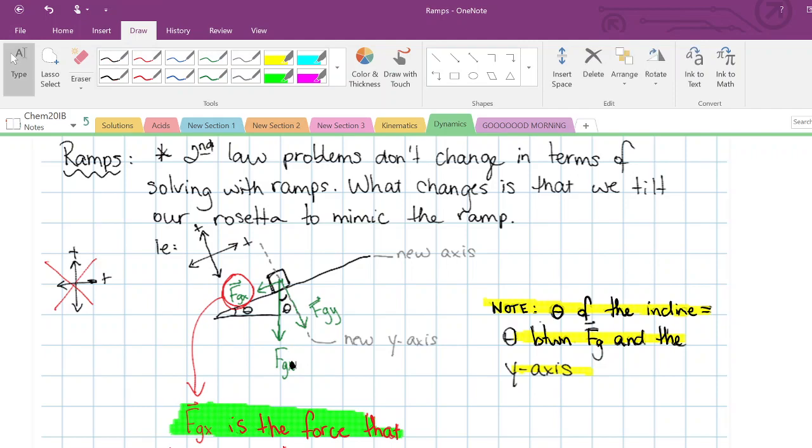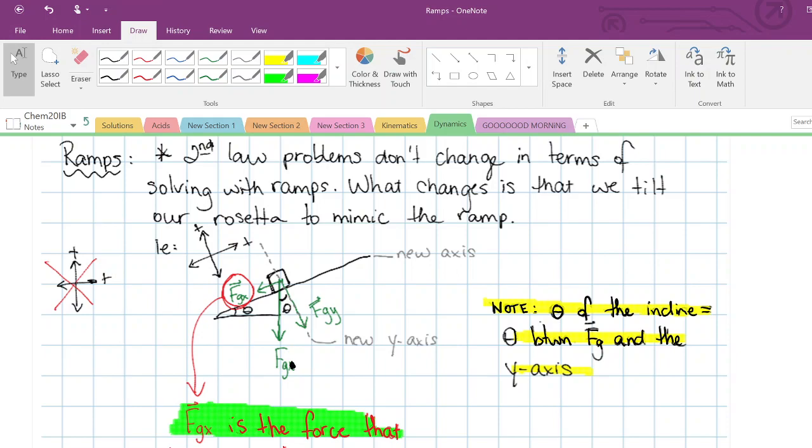So what that means is that now gravity, in terms of this new rotated rosetta, is going to be acting at an angle to our parallel and at an angle to our perpendicular, right? So it's still acting straight down. It's just that because we've rotated our rosetta, the gravity isn't sitting on top of the y-axis like it has in all of our other problems where things have been sliding on a horizontal surface.